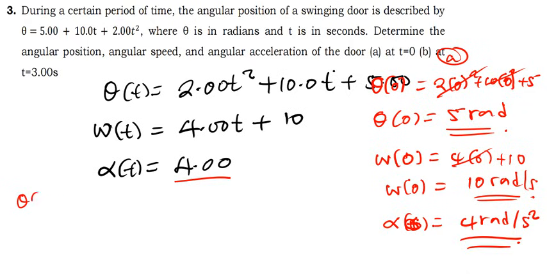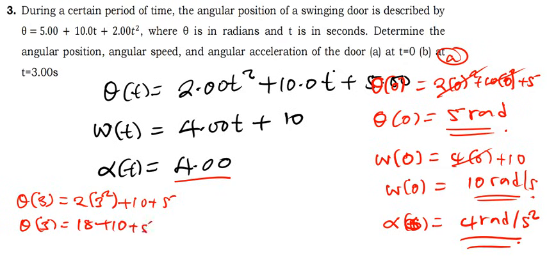So I'll start again. Theta when t is equal to 3: 3 raised to the power 2 times 2 is 18, plus 10 times 3, that is 30, then plus 5.